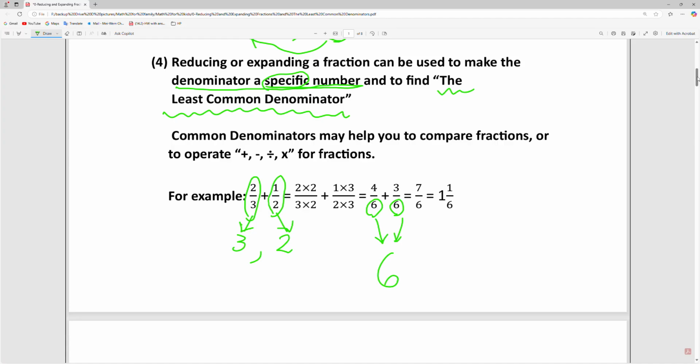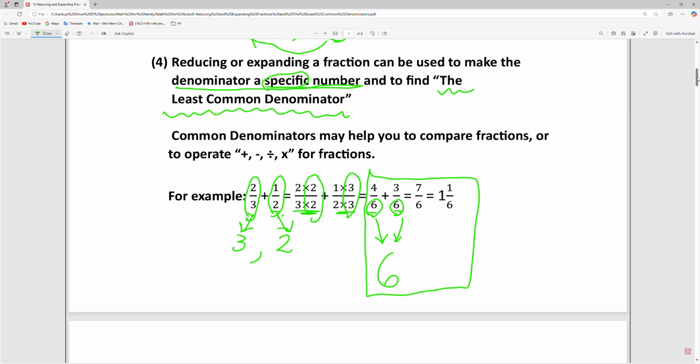Because you are allowed to multiply by the same number or divide by the same number, by doing this, you can make 3 and 2, these two different denominators, become the same denominator. Therefore, when you have the same denominator, it's easy for you to add them together. In this video, I'm not going to show you how to add two fractions.